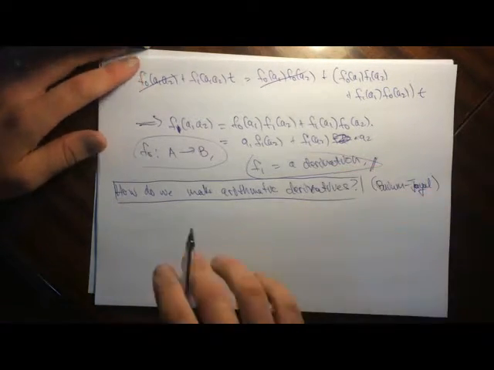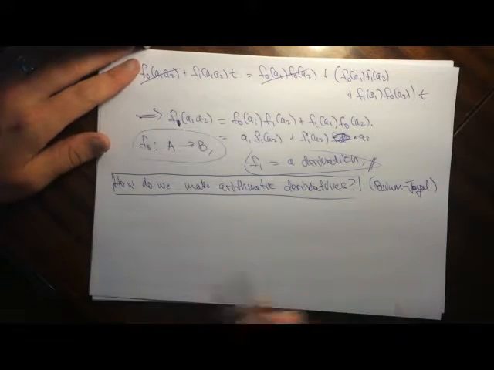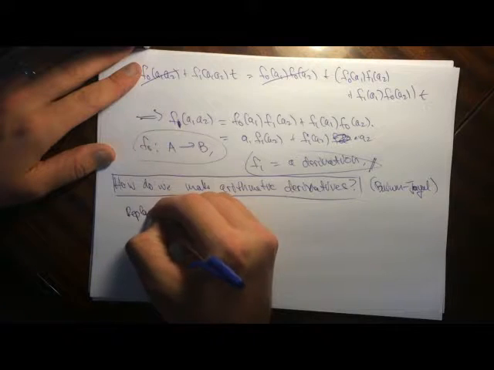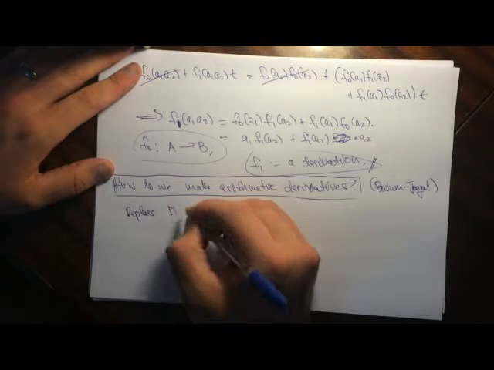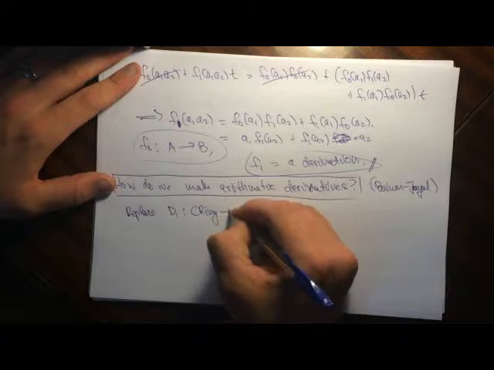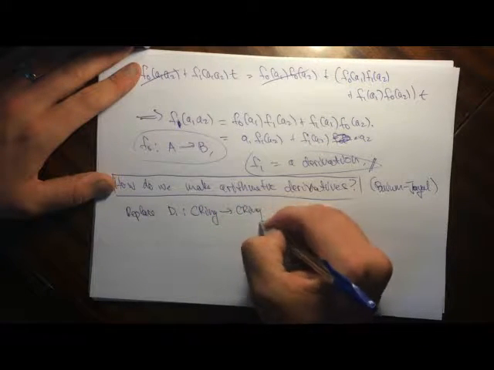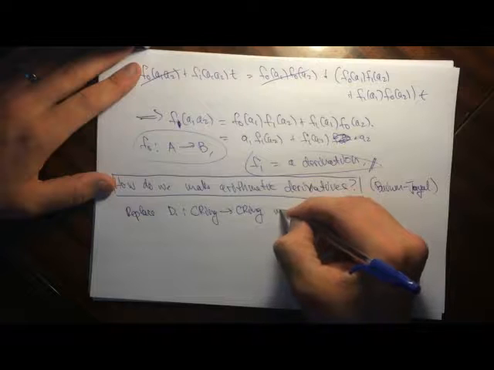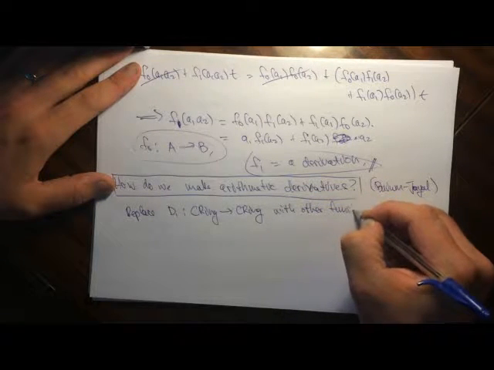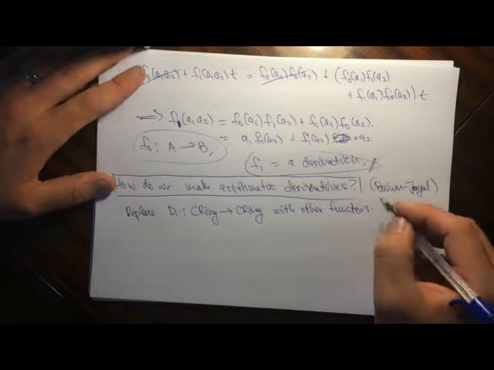Okay, so the idea is to replace this dual number functor. This is a functor from the category of rings to the category of rings. It takes a ring and gives you back a ring, so there are other functors, other ways to cook up rings.